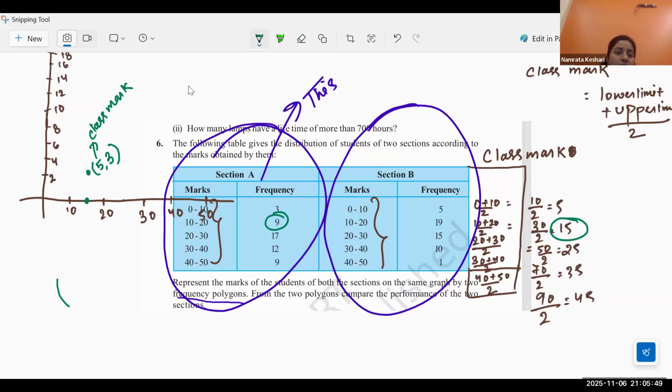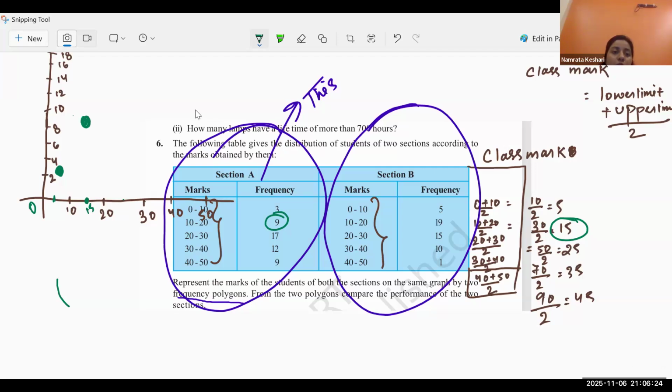This is not 5, by mistake I ended up taking 15. 5 will be here, in between 0 to 10, and 3 is here. So this, the bold one, is 5 comma 3. Please be careful what I am locating. 5 comma 3. Next is 15 comma 9. So here is 15, and 9 will be here. This is the next point, the bold one.